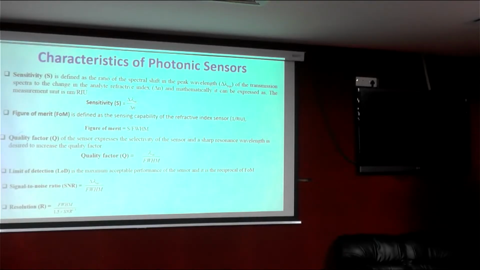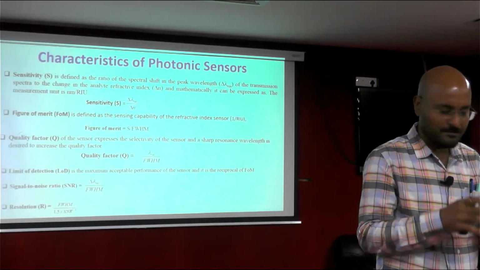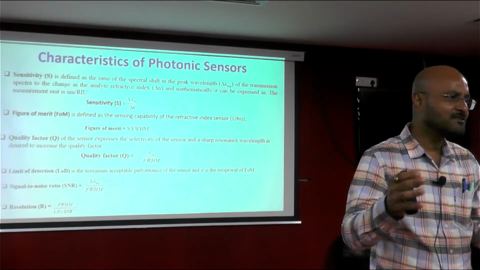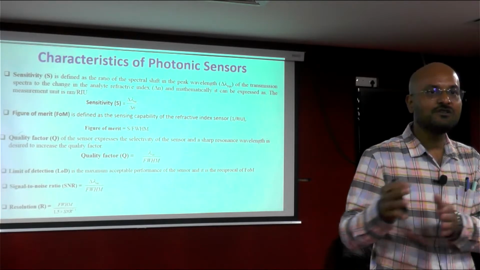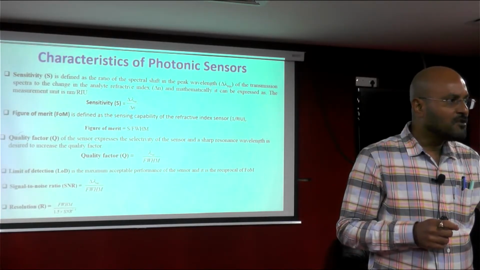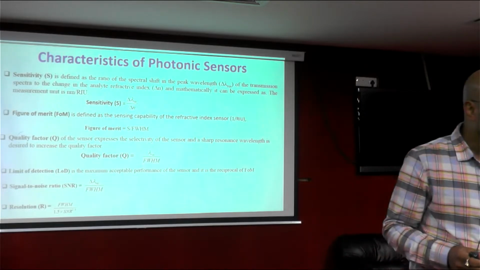So if the shift in wavelength, what I mean to say is, you have a normal person, and you have a patient infected by some disease. You want to test that disease using a photonic sensor. Either it is blood or urine or tear or anything else, you will give it to the photonic sensor.